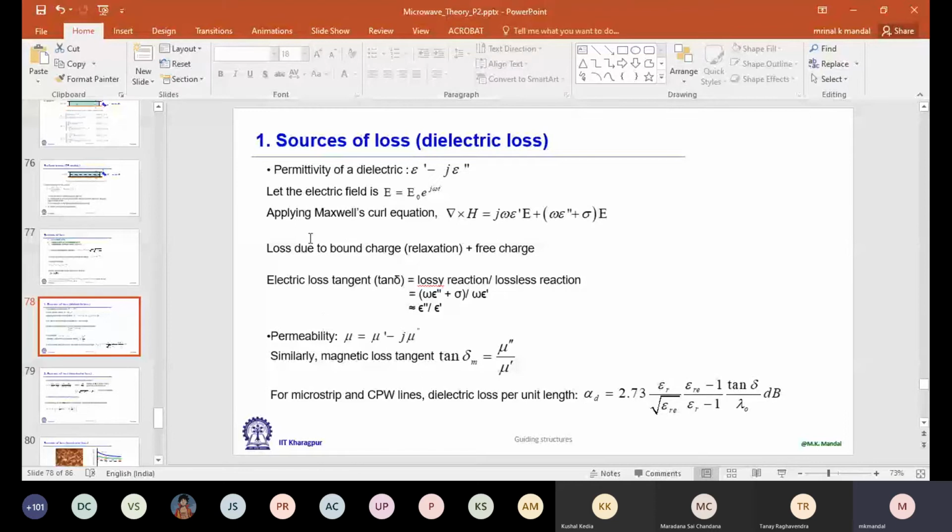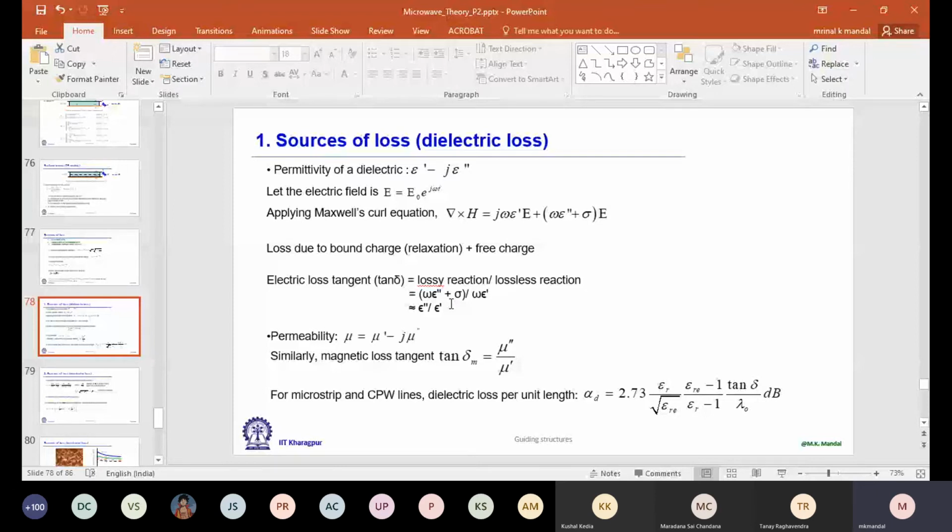Well, so loss tangent basically represents the electrical property of the dielectric material which we are using for electromagnetic wave propagation. The same thing we define for permeability, but most materials are not sensitive to magnetic field.